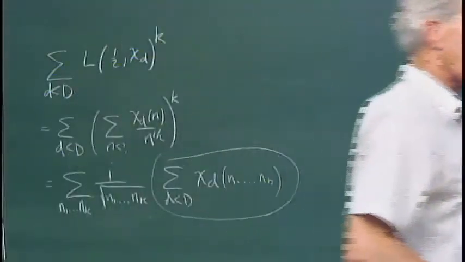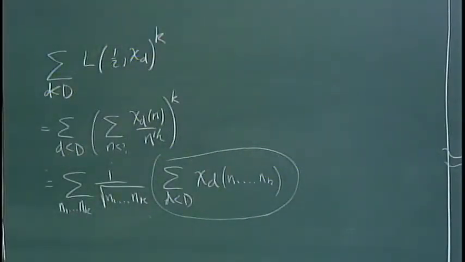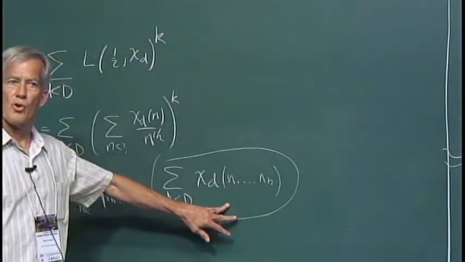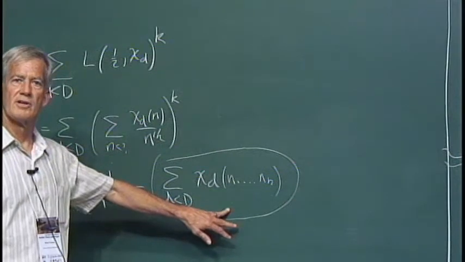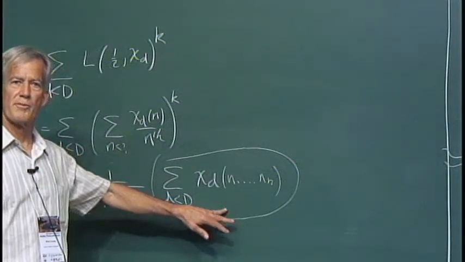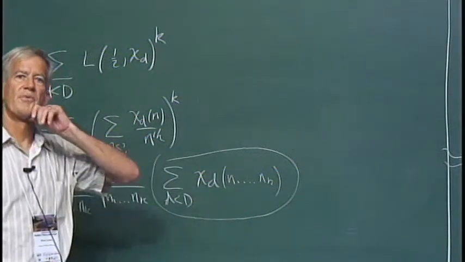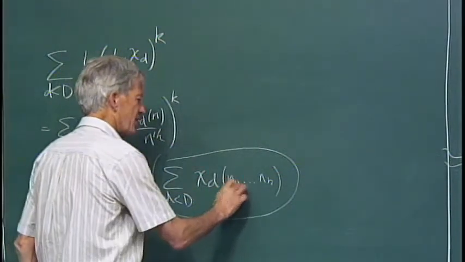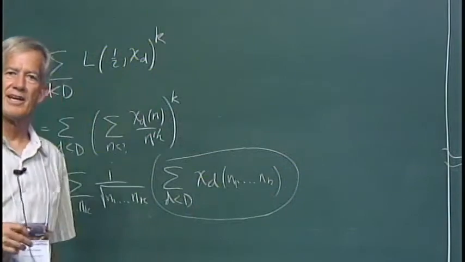Okay, so we're thinking of this as a family, and the kind of glue that holds the family together in some ways is that there's a formula for this average. There's a sensible formula for an average like this that leads to some kind of multiplicative function of n1 through nk.